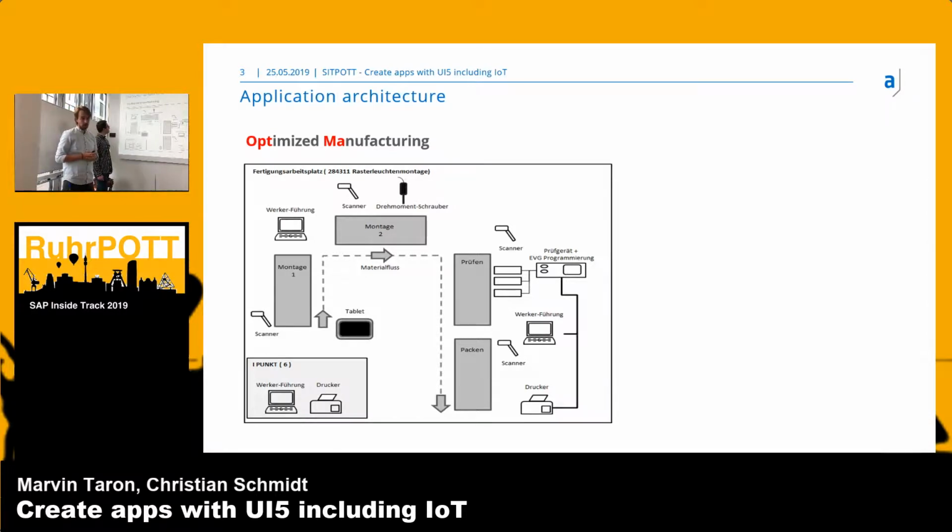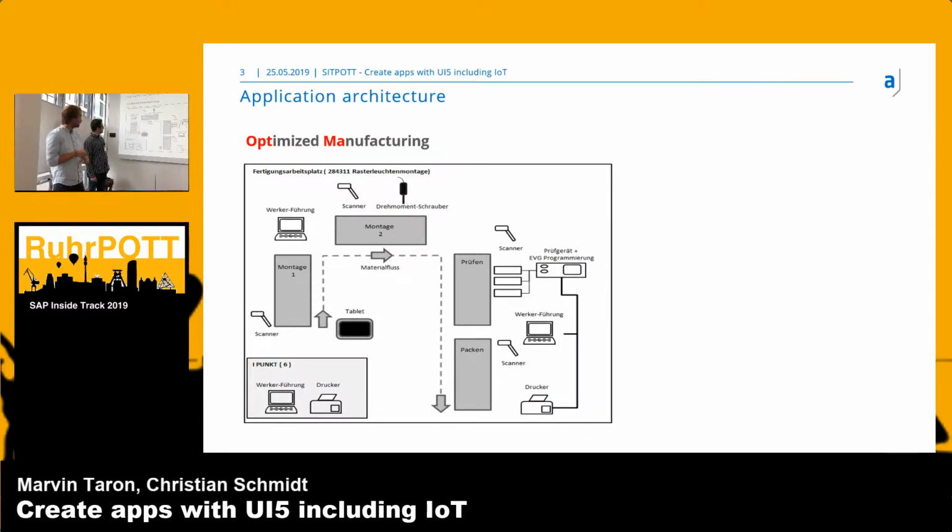The project we worked in is called Optima's Manufacturing, Optima for short, and all, or most of, the luminaires for the company Trilux are produced by hand. So there are workplaces like this one. The different steps are to manufacture, to test, and then to package the luminaires.